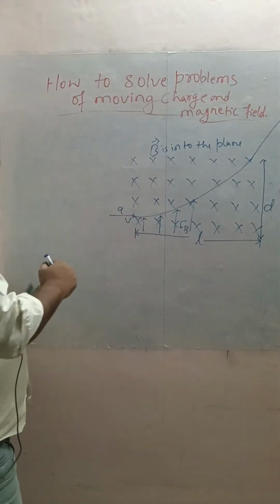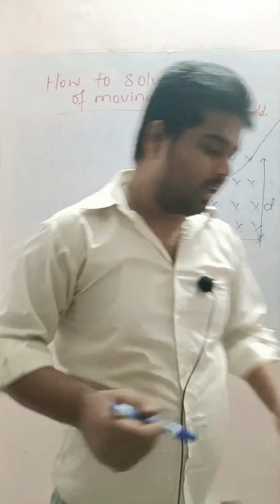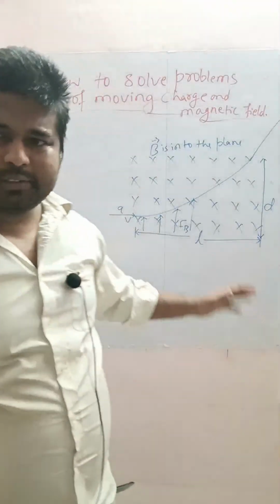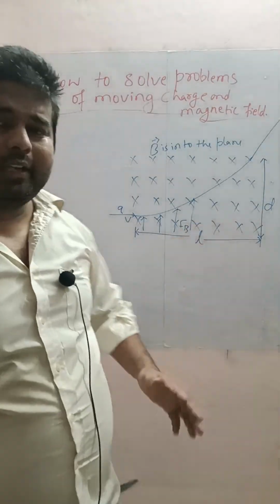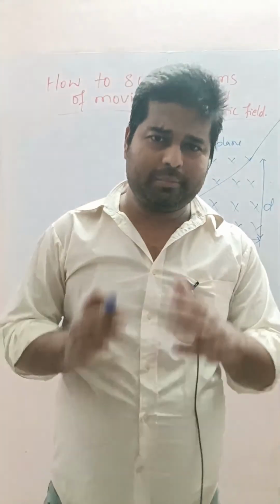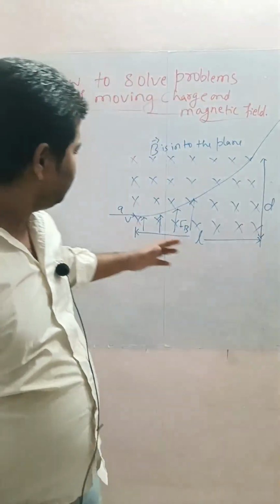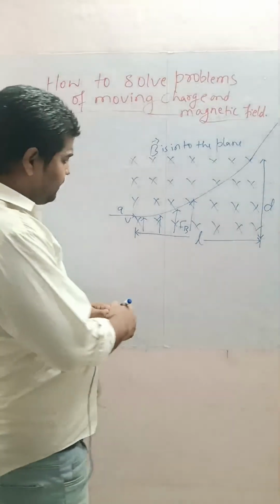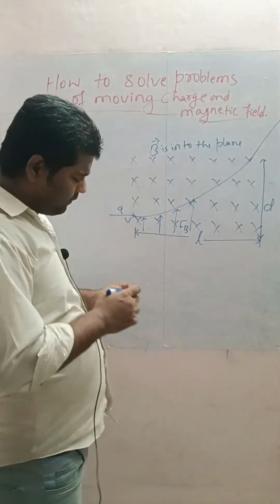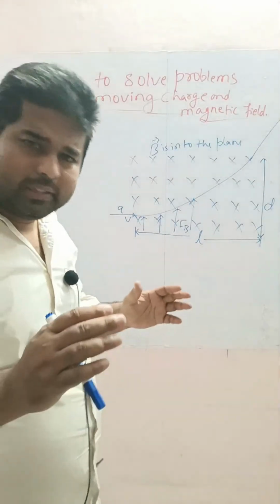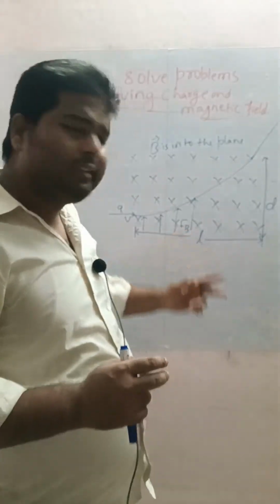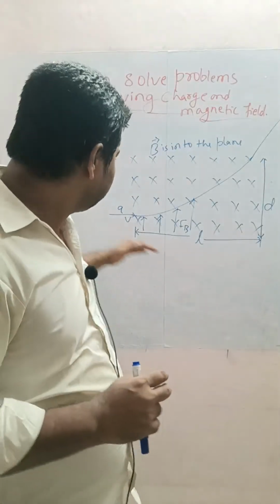Let's see. I told you that this is a slightly tougher question this time. You can't solve it directly by formula. You have to understand the nature of the question. See here, what's the nature? First of all, think that it's a two-dimensional question.